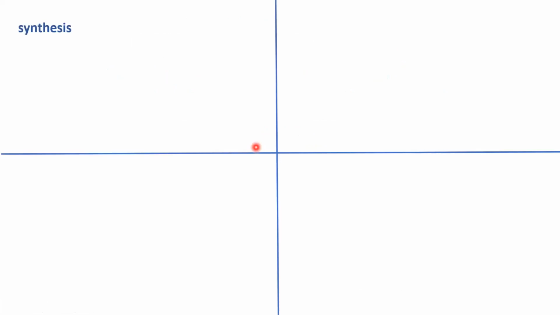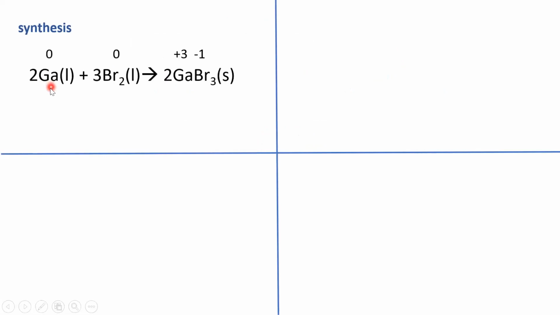All right, so let's look at 4 quick redox reaction examples, and then we're going to take a quick break. So synthesis is a type of redox reaction. A synthesis reaction is one in which we have simpler things that we combine together to make one product. It's an example of a redox reaction.